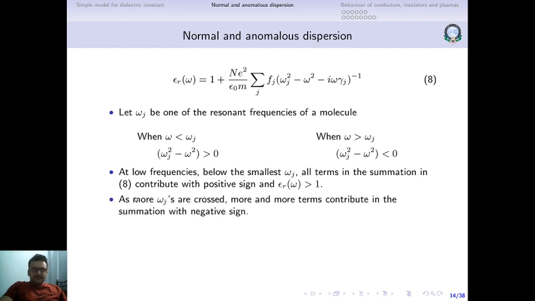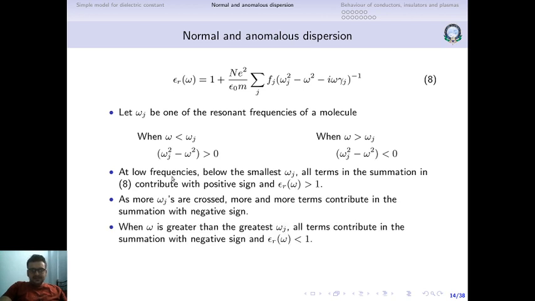But as we cross more and more of these resonant frequencies, those omega j terms which we have crossed will contribute in this summation with a negative sign. And eventually, when the applied frequency becomes greater than the greatest omega j, then all the terms are going to contribute with a negative sign, and in that case this epsilon r will be smaller than 1.